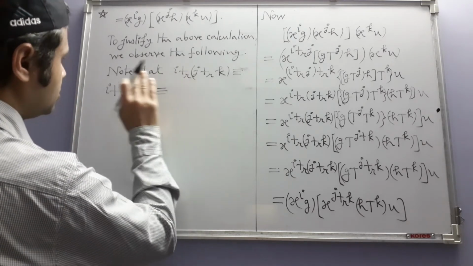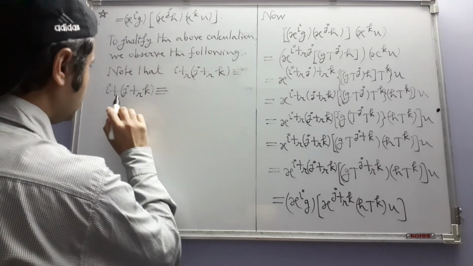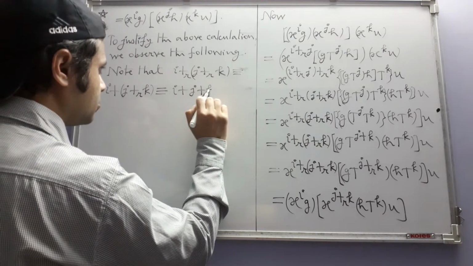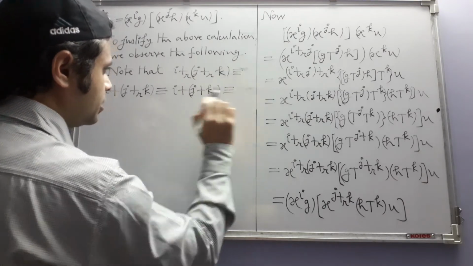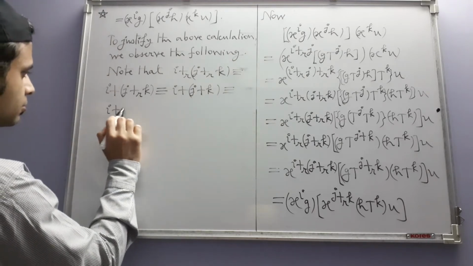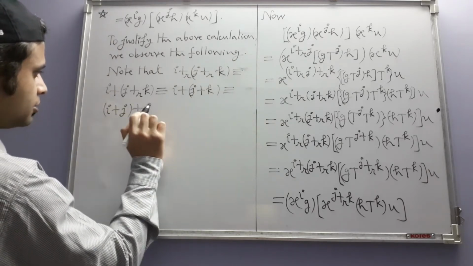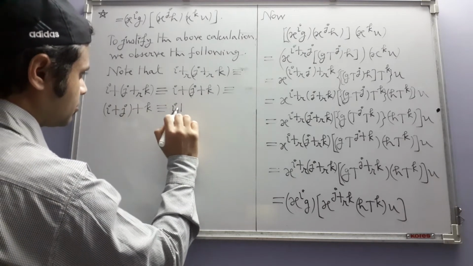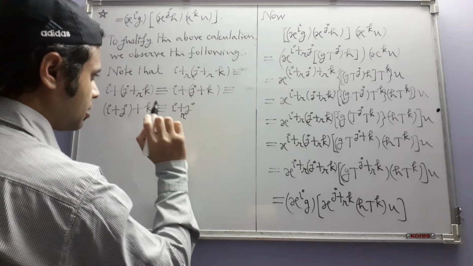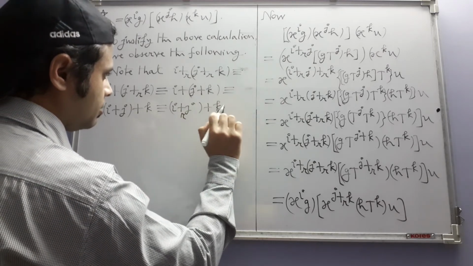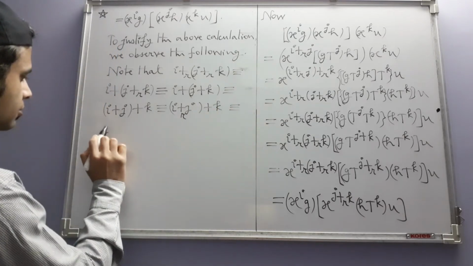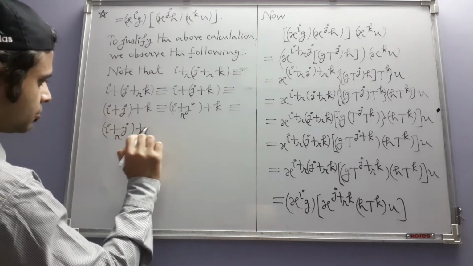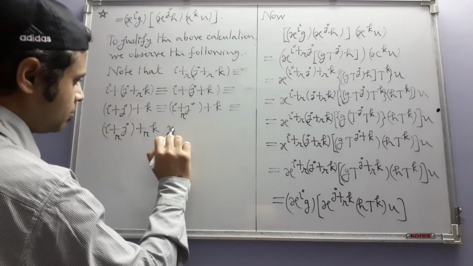So this is congruent to this modulo r, and this itself is congruent to this, which in turn is congruent to this, because ordinary addition of integers is associative. R plus k, which is congruent to K mod R.